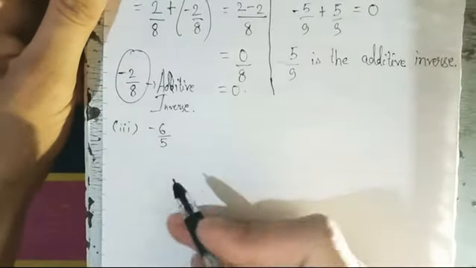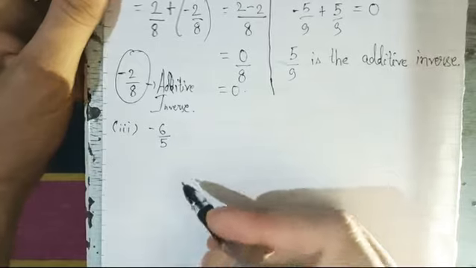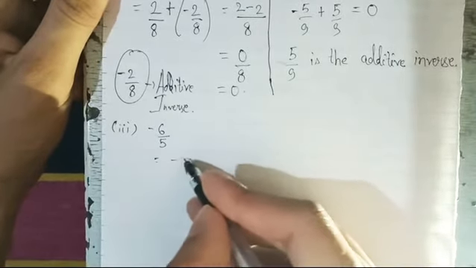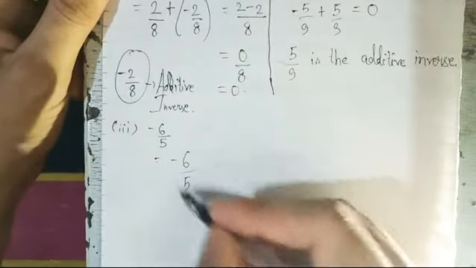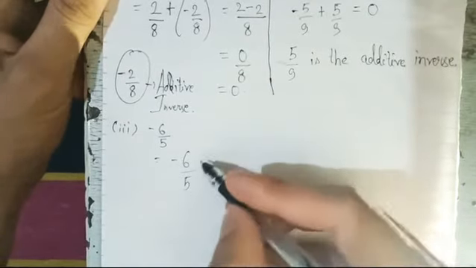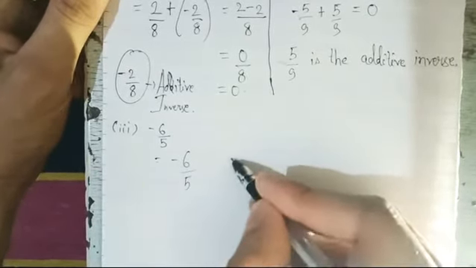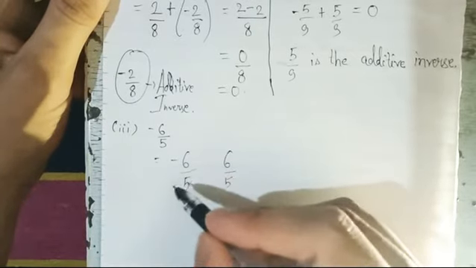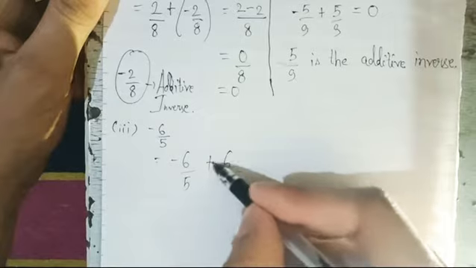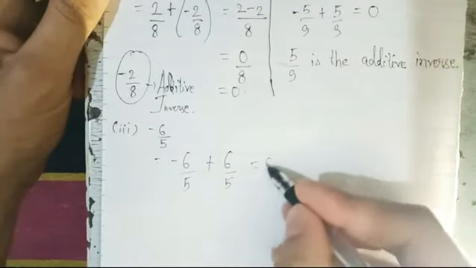Now third one, minus 6 upon 5. So minus 6 upon 5 is given to us, and we have to calculate the additive inverse of minus 6 upon 5. So 6 upon 5, that means we have to take 6 upon 5, but the sign should be opposite. Here negative sign, so here positive sign. Okay, and the answer will be 0.